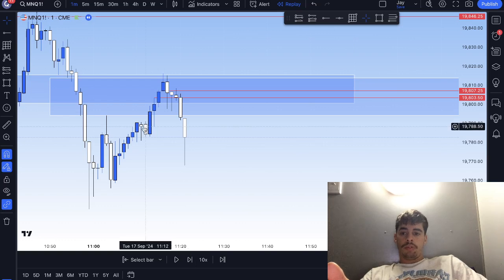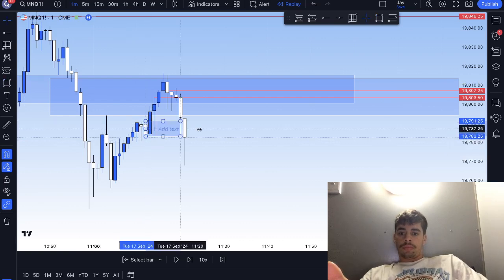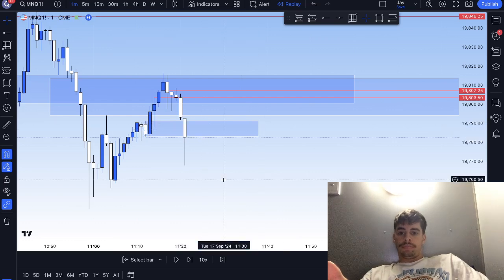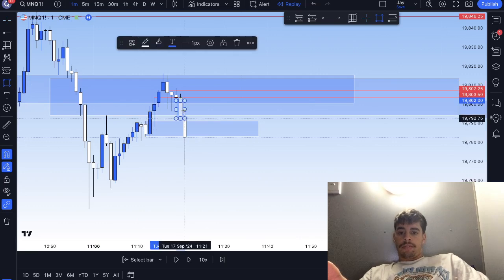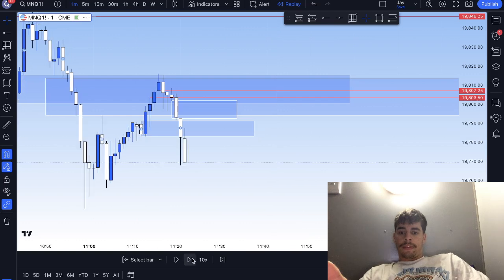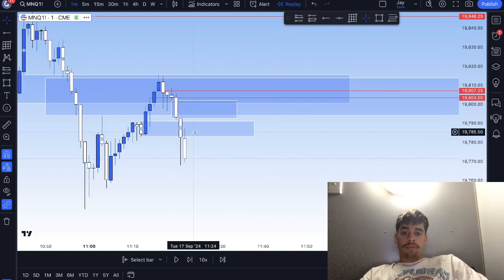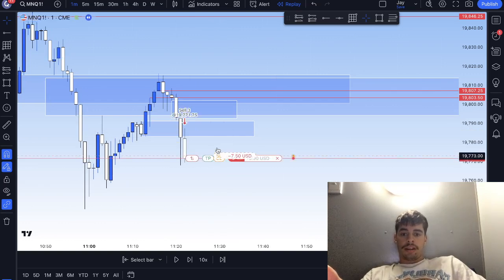For example, we have this breaker block, this fair value gap, which we touch into the breaker block, close out bearish, we can sell a position here.